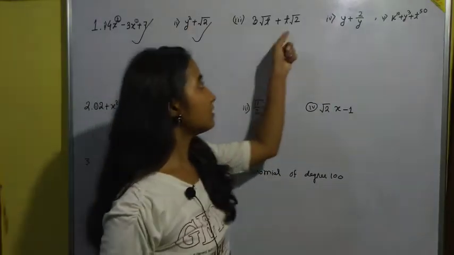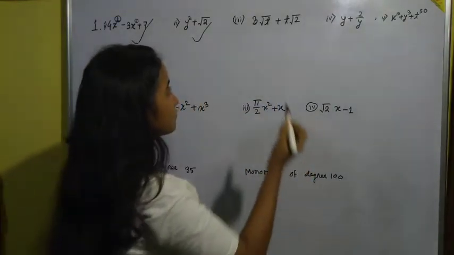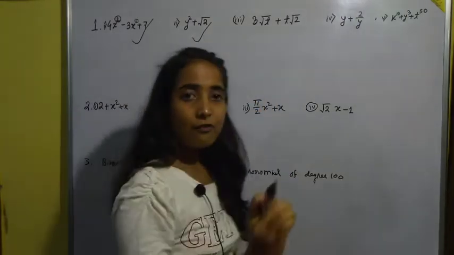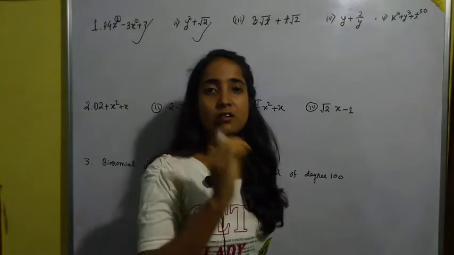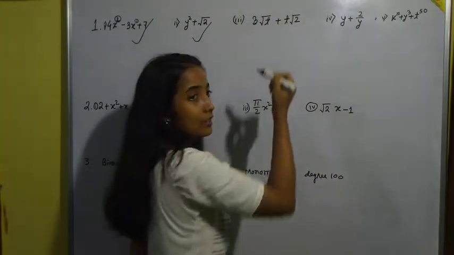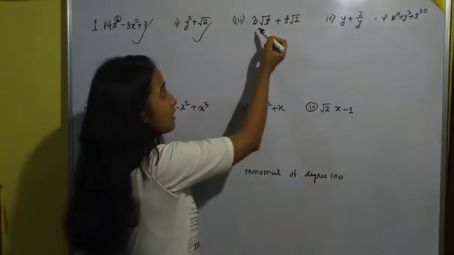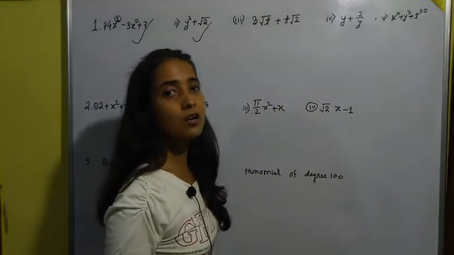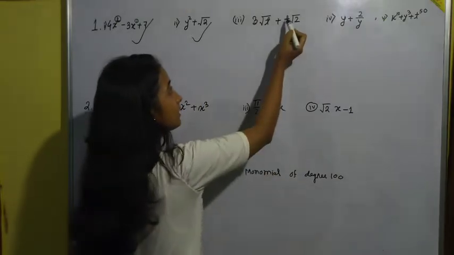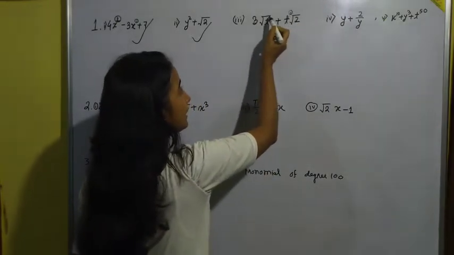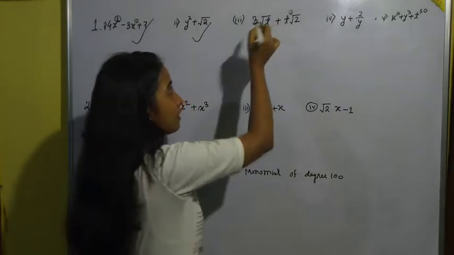Now see the third expression. In this expression, what is the variable? The alphabet present in the expression is the variable. Here the alphabet is t. That means t is a variable in this expression. Now see the powers of the variable. In this term, the power of the variable is 1. And in this term, what is the power of the variable?